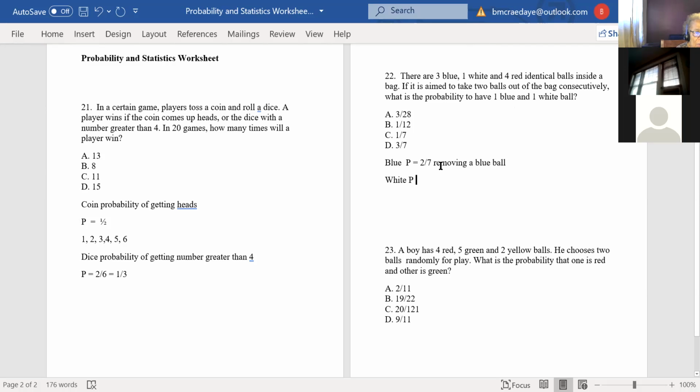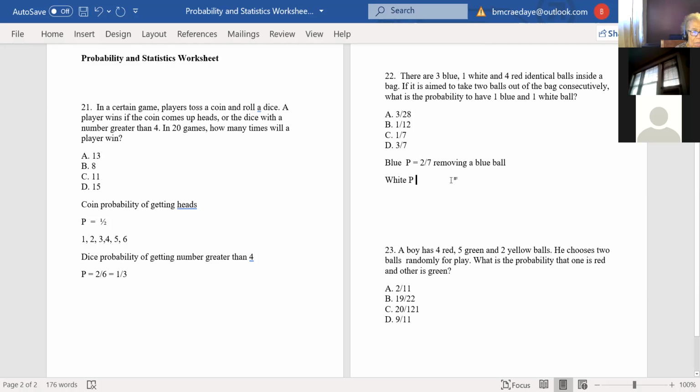Just take out one blue, I have 7 left, and I'll have 2 blue balls. But the white, if I remove one, I have no white, because I only have one white. And then I'll have 6 because I took 2 balls out.